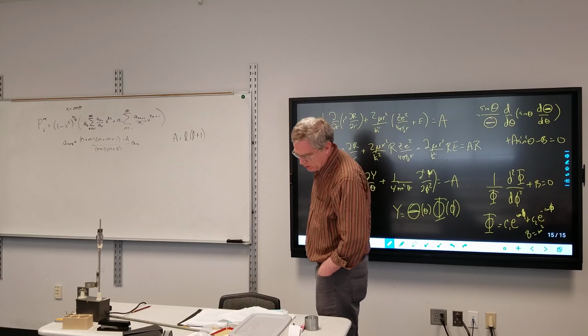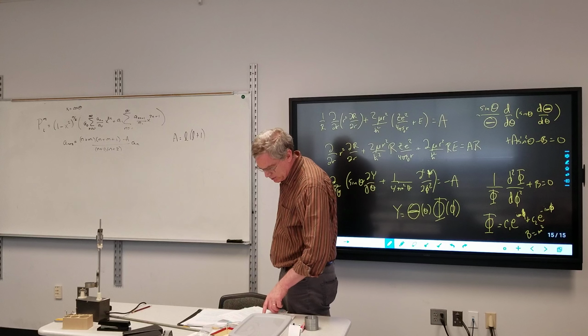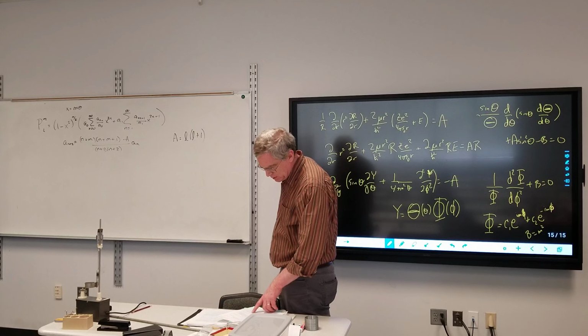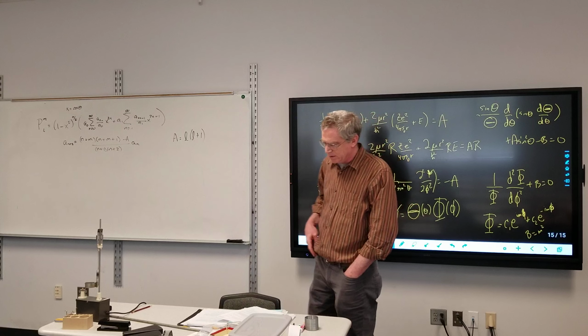So N is the shell, L is the, and then the fourth quantum number is beyond the scope of this one. I was going to add more, but I'm not quite sure it really satisfies much.